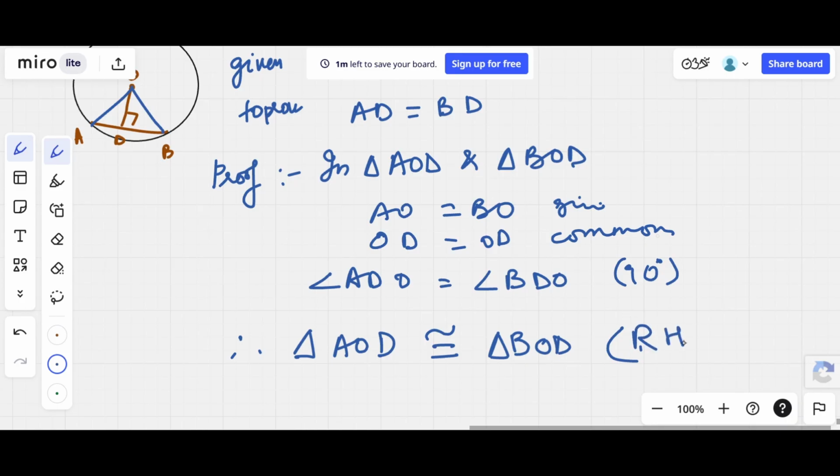It is by RHS. SAS means the angle has to come between this and this. Only then it can be SAS. Here, it's not like that, right? And one right angle is involved, hypotenuse is involved. So this is RHS. Therefore, by CPCT, AD is equal to BD. CPCT. Understood?